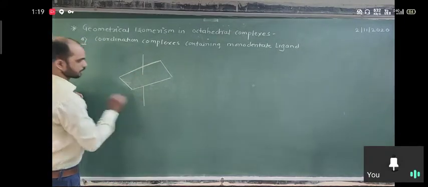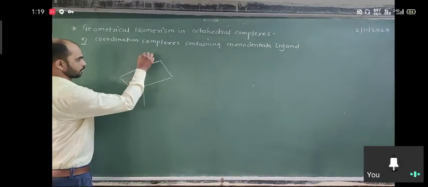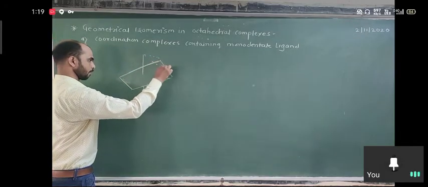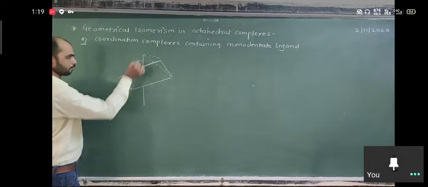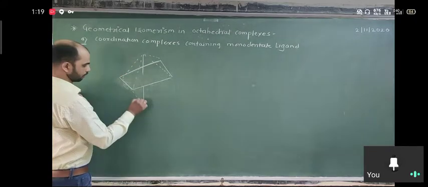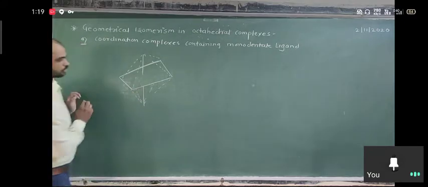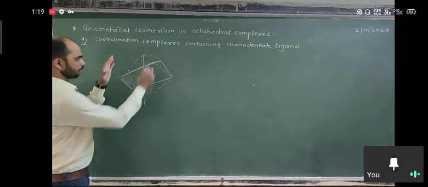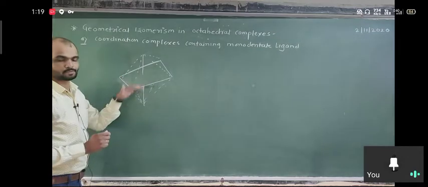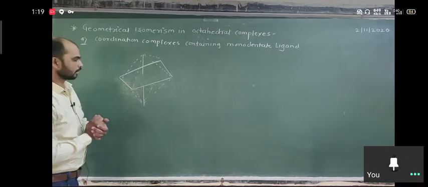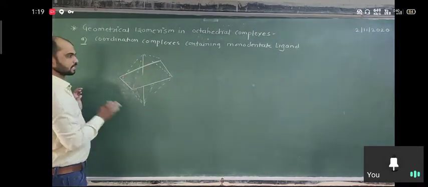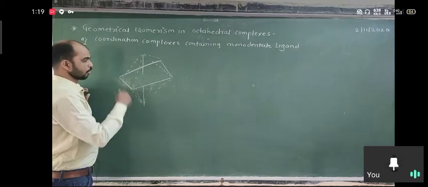Suppose we consider this. This is the octahedral geometry, 4 planes above and 4 planes below. That means only 6 ligands are at the corners, but the geometry is octahedral.